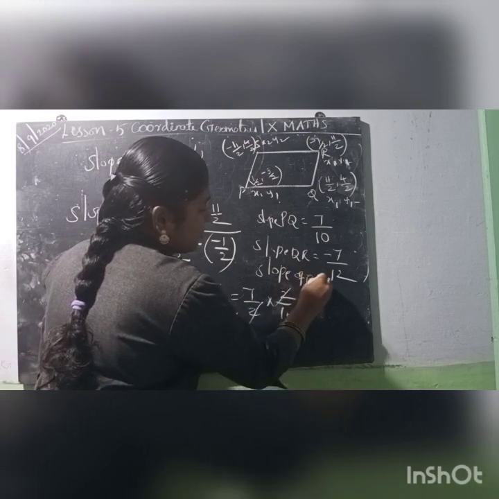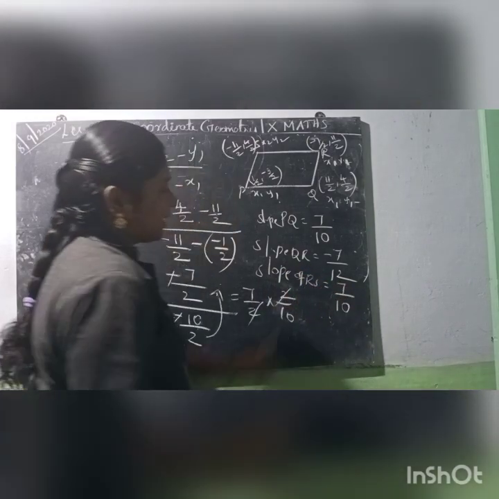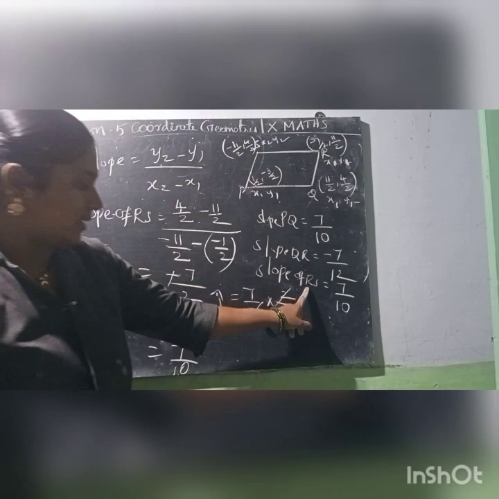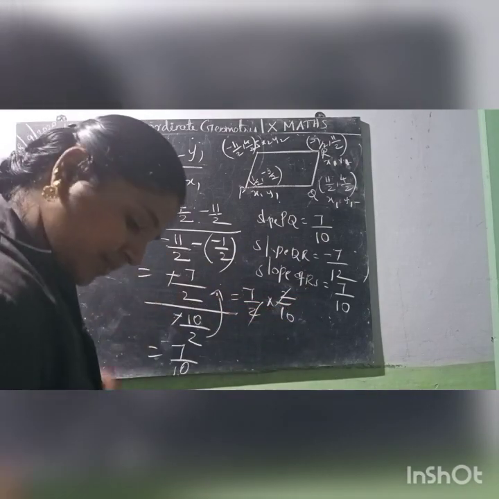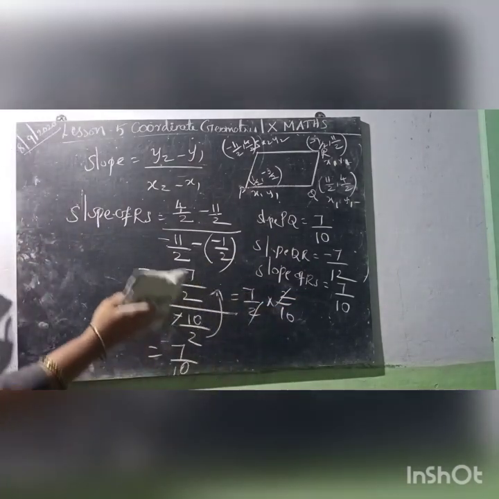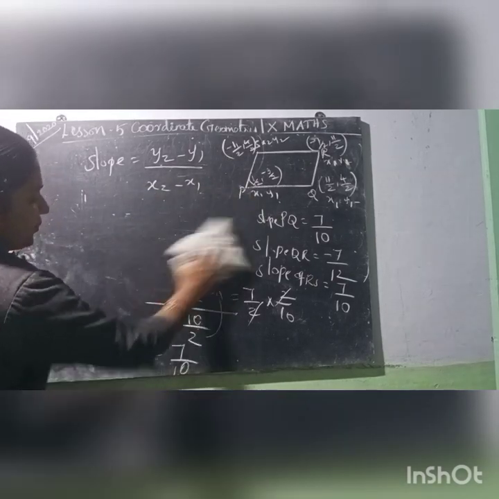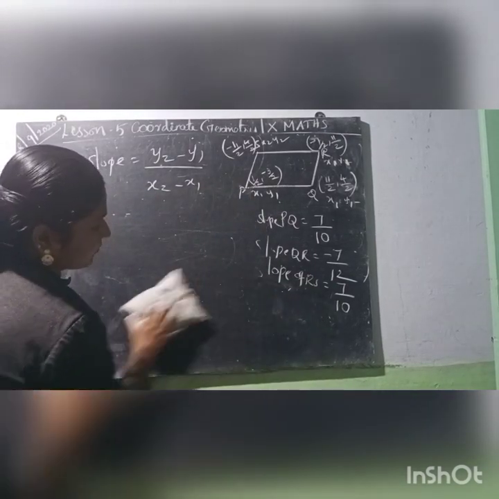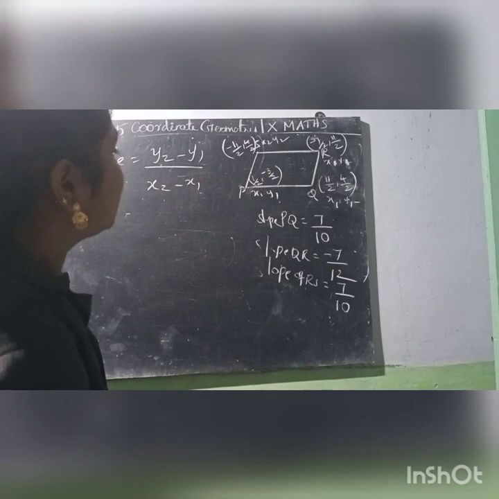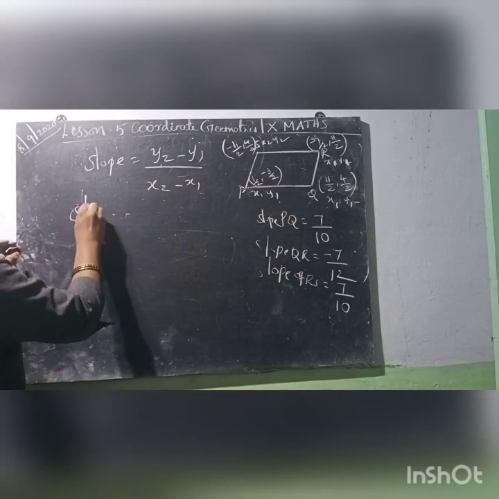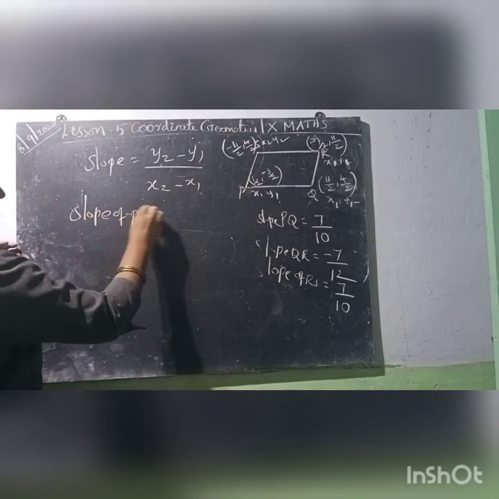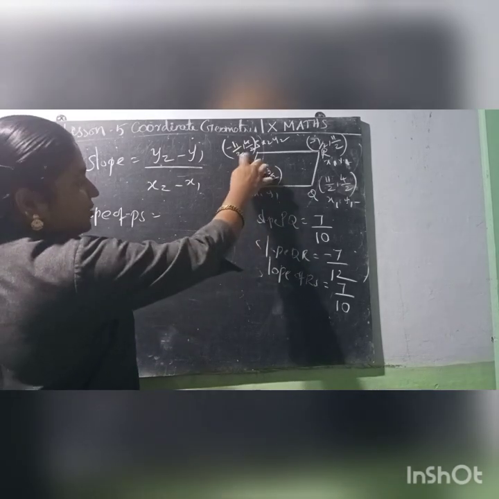Slope of RS is 7 by 10. We got the same value for PQ and RS. And then finally we want to find out slope of PS. x1 y1, x2 y2.